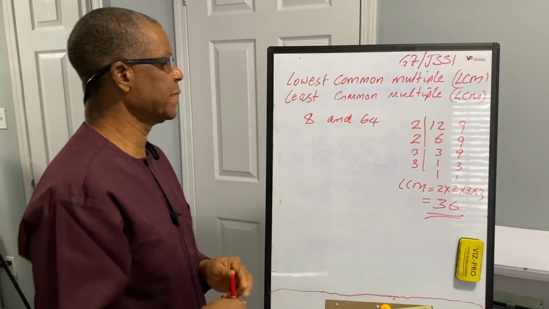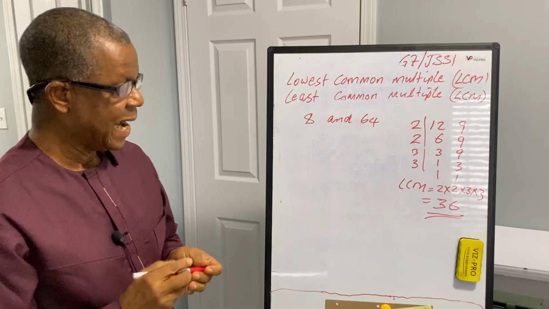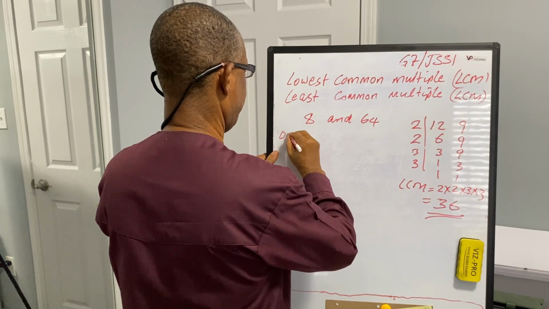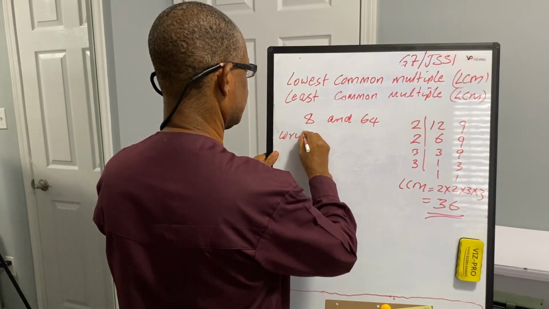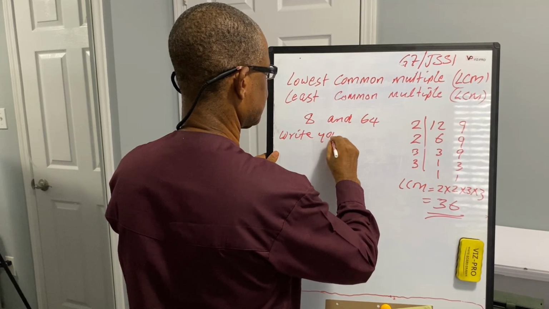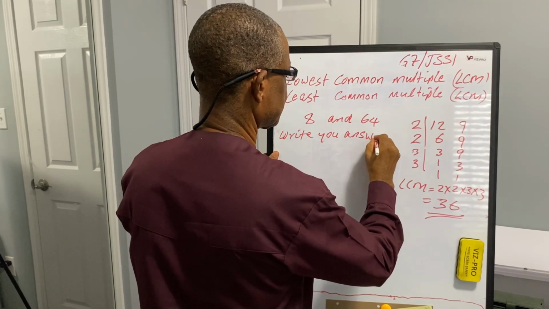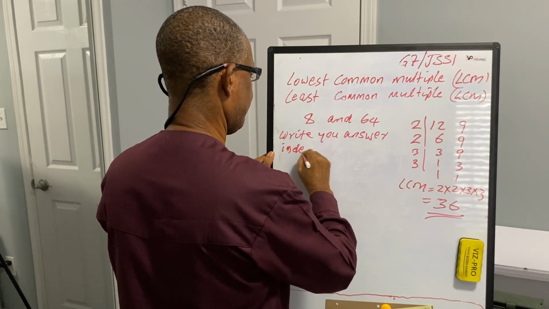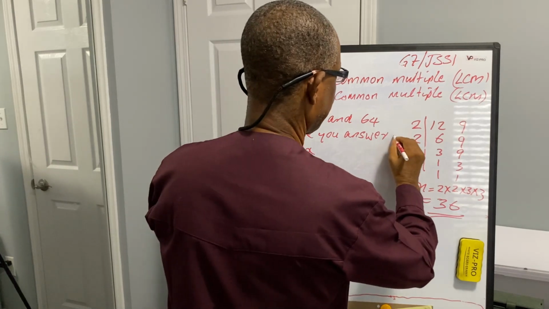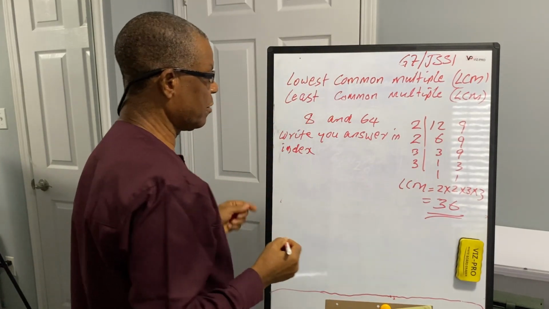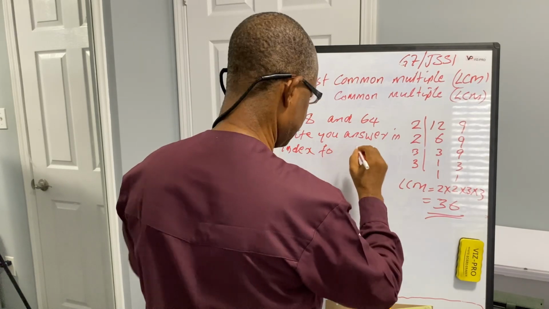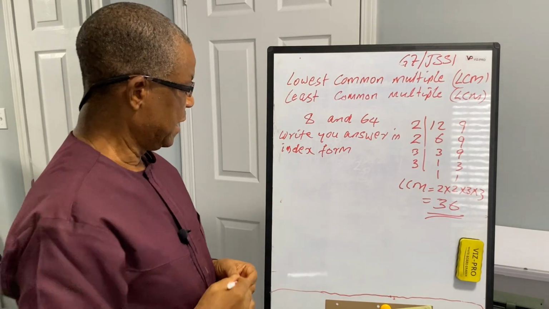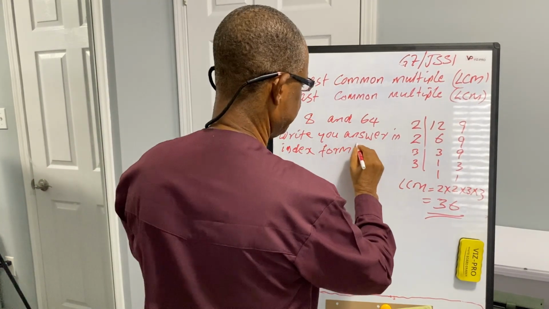In other words, find the LCM of 8 and 64 and write your answer in index form. Index form is the same thing as exponential notation. Some countries call it exponential notation. Let me write it.